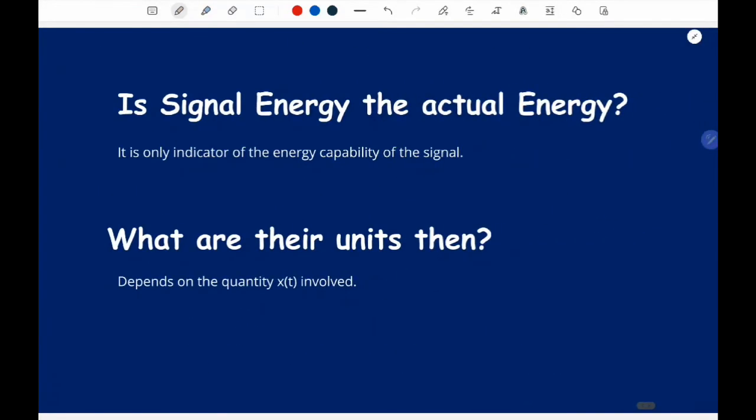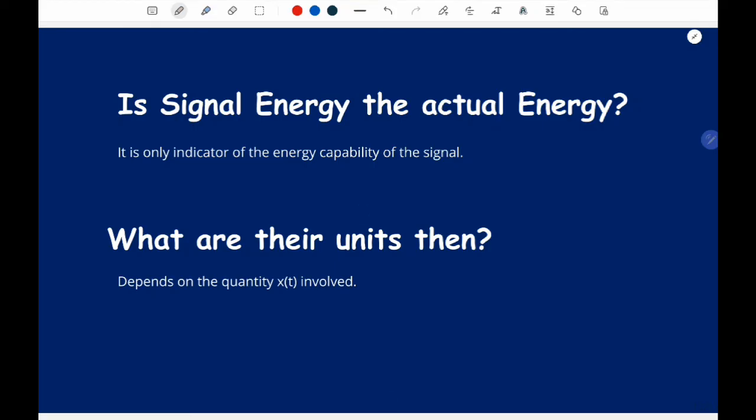Moving on. Is signal energy the actual energy? That's a fair enough question to ask, right? We are calling it energy and we are calling it power. So is it an actual energy? Actually, it is only an indicator of the energy capability of the signal.